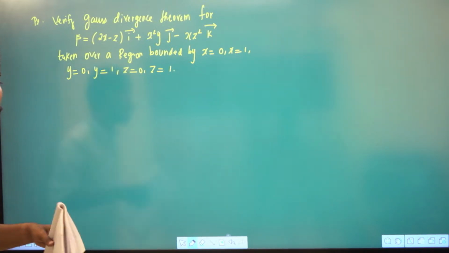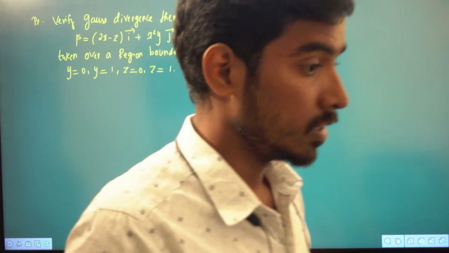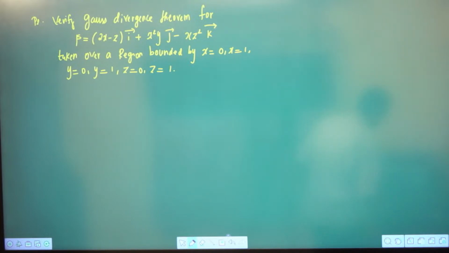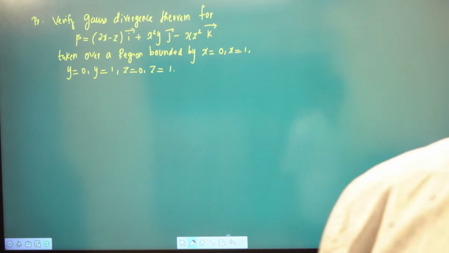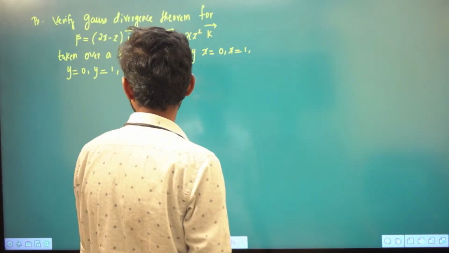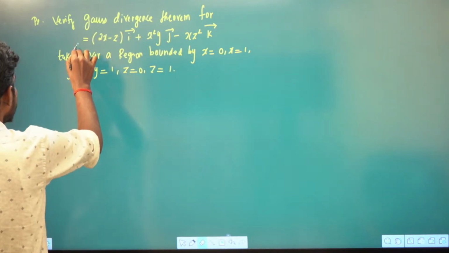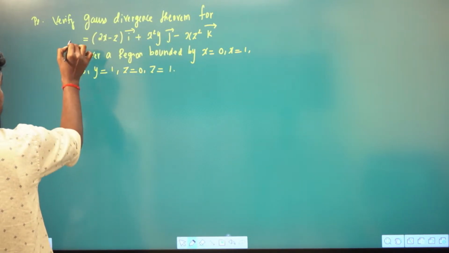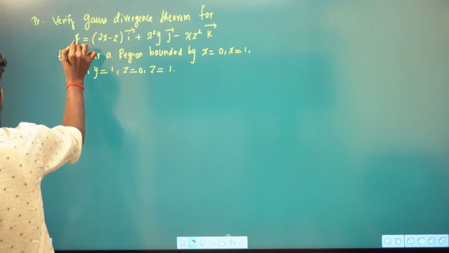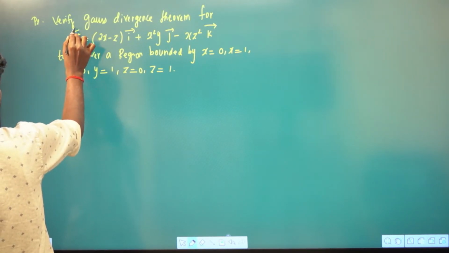It is same as the parallelepiped, right? So don't confuse. This is the same as the previous problem. It is bounded by x varies from 0 to 1, y varies from 0 to 1, z varies from 0 to 1. In the previous problem, x varied from 0 to a, y from 0 to b, z from 0 to c.